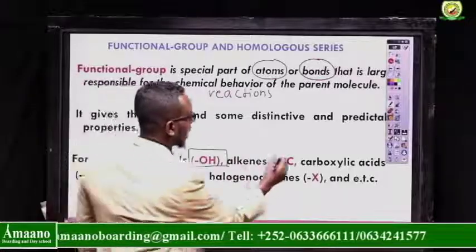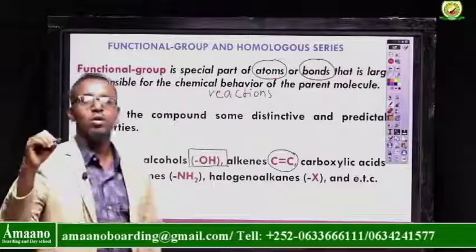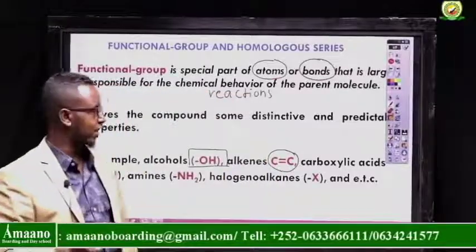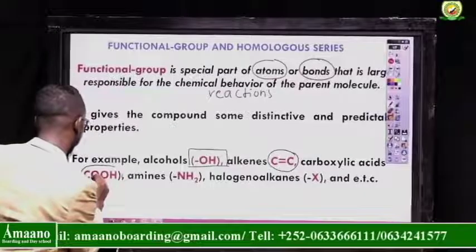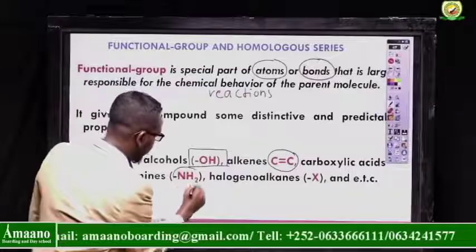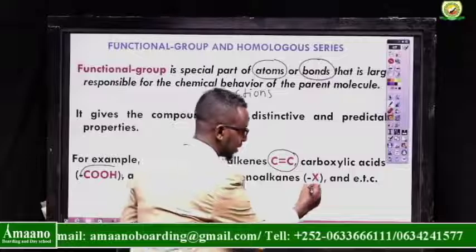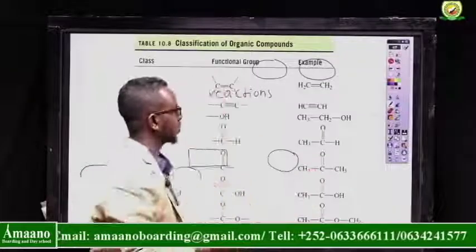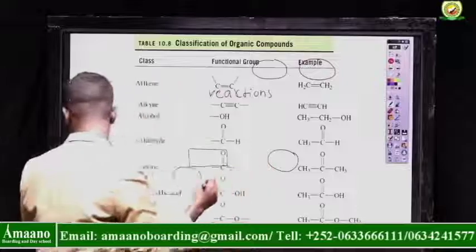What about alkenes? They contain a carbon double bond carbon. This is the functional group of alkenes. What about carboxylic acids? They contain COOH. What about amines? They contain NH2. What about halogens?